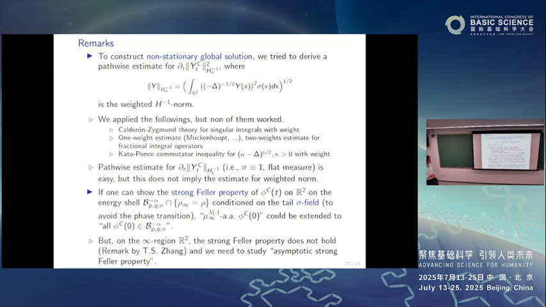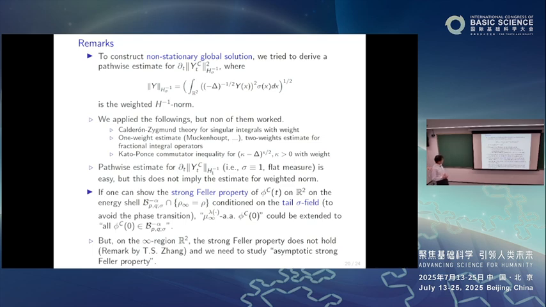So this is a kind of fractional integral operator. And the Kato-Ponce commutator inequality is also well studied, also with weights. But we tried, and none of them worked. So we finally gave up working directly and deriving a useful energy inequality for the conservative case. Okay, so this is the reason why we consider the non-conservative dynamics.